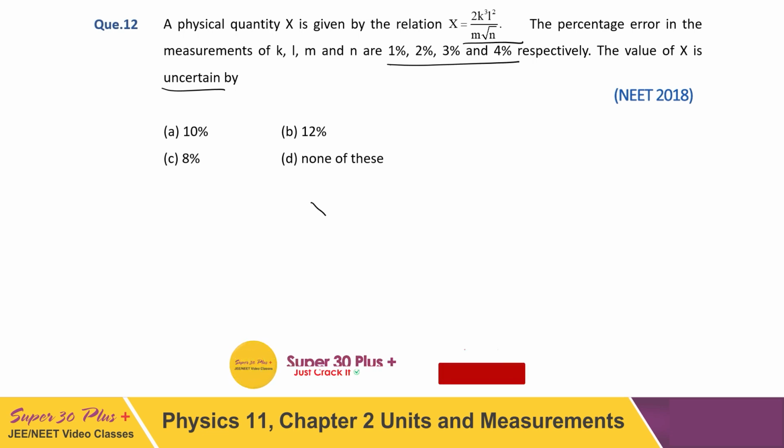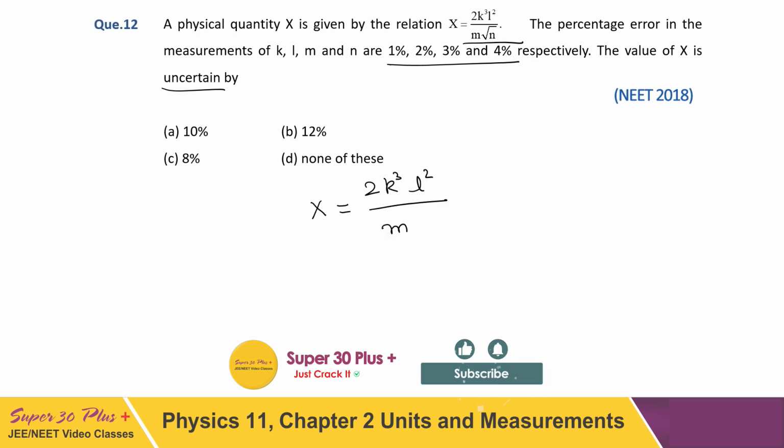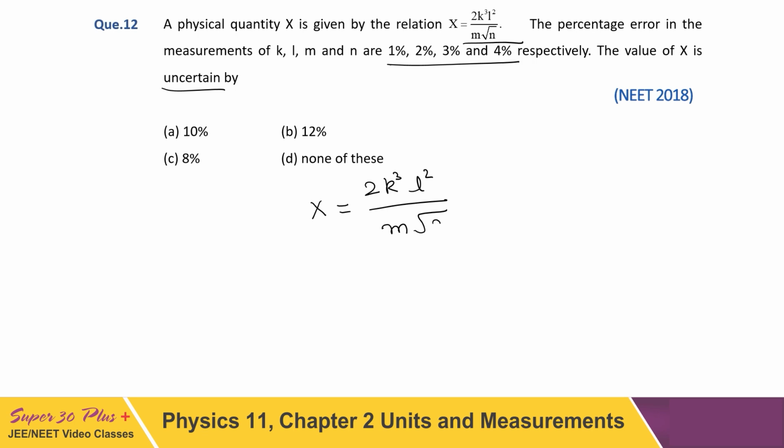First, consider the expression of x, which is equal to 2k³L²/(m√n). Now we have to calculate the percentage error in x. So from the formula, Δx/x × 100 is equal to: 2 is a numeric constant that is not to be included while calculating percentage error.